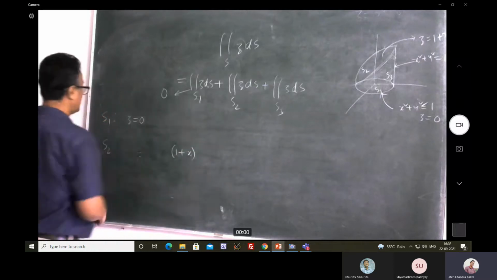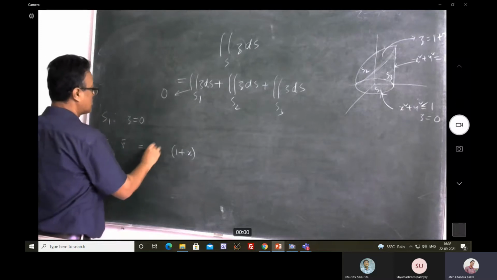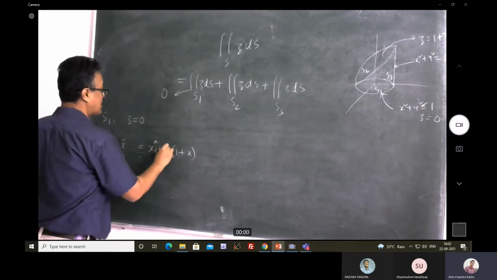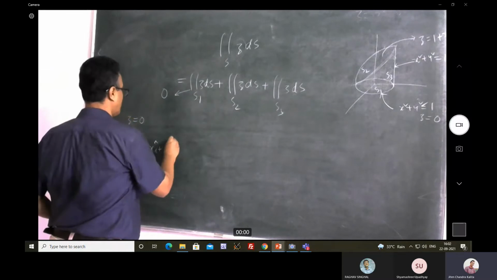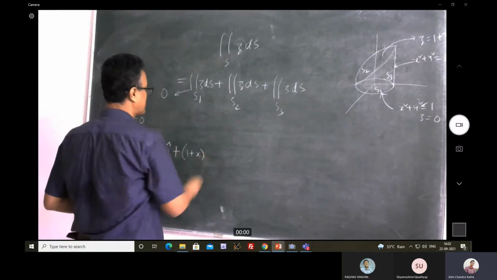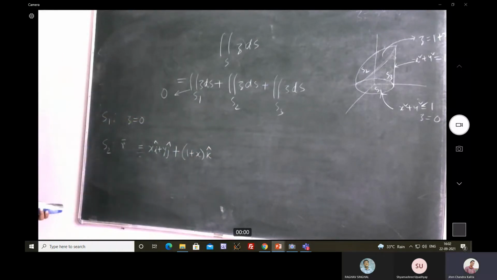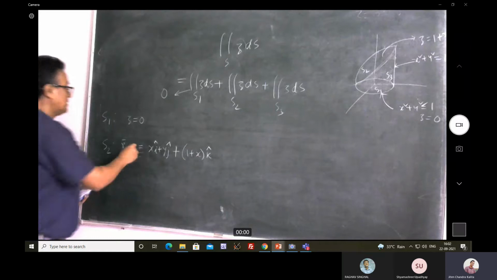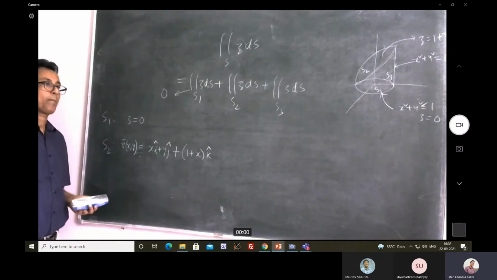So I can write r equal to x i plus y j plus (1 plus x) k, isn't it? Any point x, y, z on that plane can be represented by this vector.